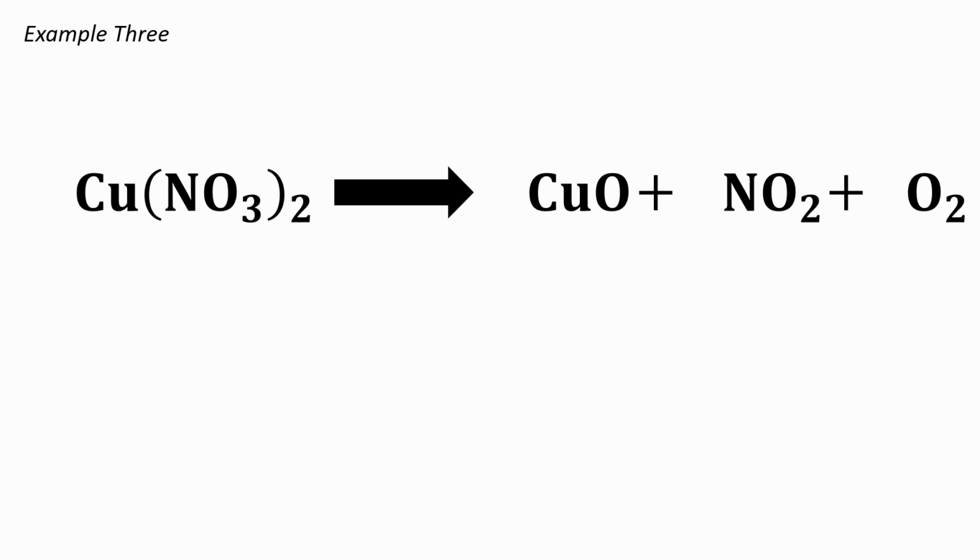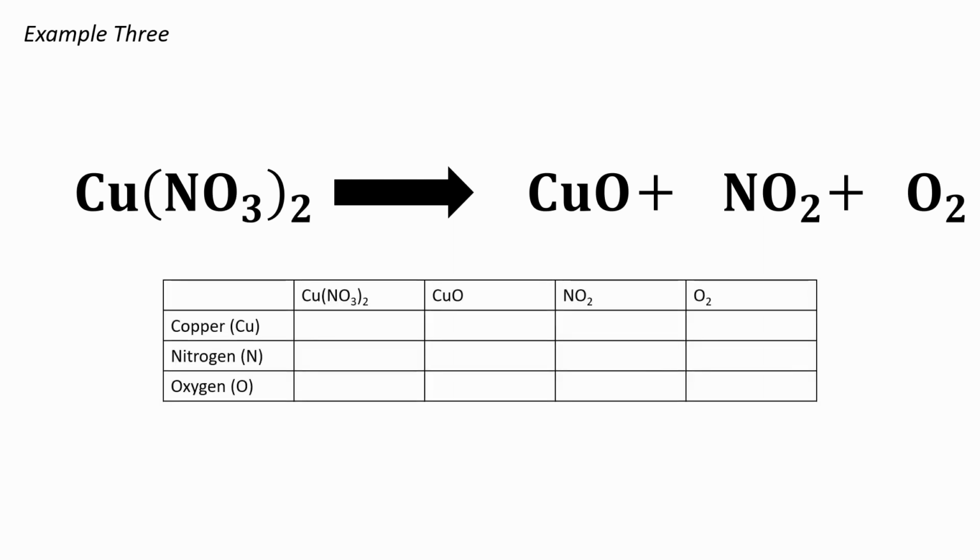The next step is to balance the reaction equation. Once again, we'll be starting by drawing a chart, and we'll be breaking up the atoms by molecules. We'll also insert how many of each atom we have in the unbalanced equation. We'll start by balancing the reaction in respect to the most complicated molecule, which is Cu(NO3)2.